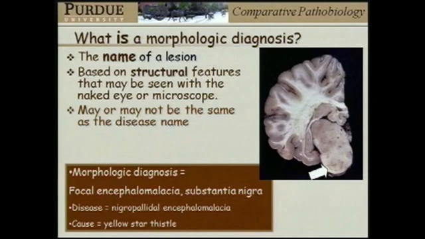In this case, the disease name is a morphologic diagnosis. But if you're only dealing with this one cross-section of the brain, you could not diagnose nigropallidal encephalomalacia because you cannot see the globus pallidus. So you'd have to stick with just focal encephalomalacia, substantia nigra. But it is an example where the morphologic diagnosis and the name of the disease can be the same.